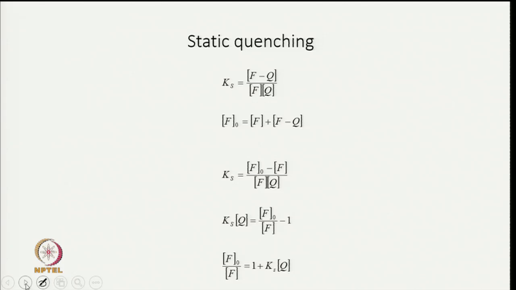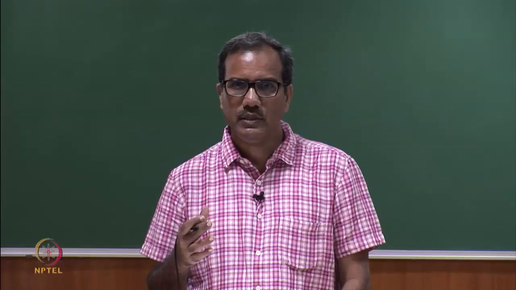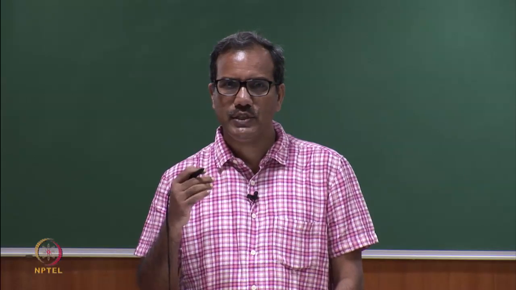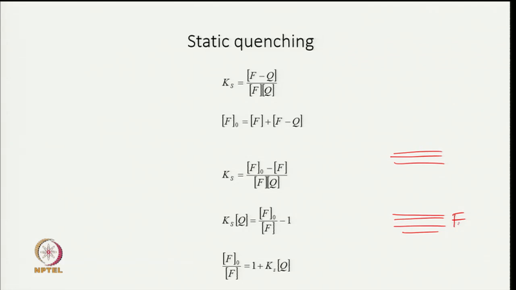There can be a second way of quenching, and that is known as static quenching. In static quenching, the reaction of quencher does not happen with the excited state, it happens with the ground state. And so the amount of F decreases, and that is why there is quenching.